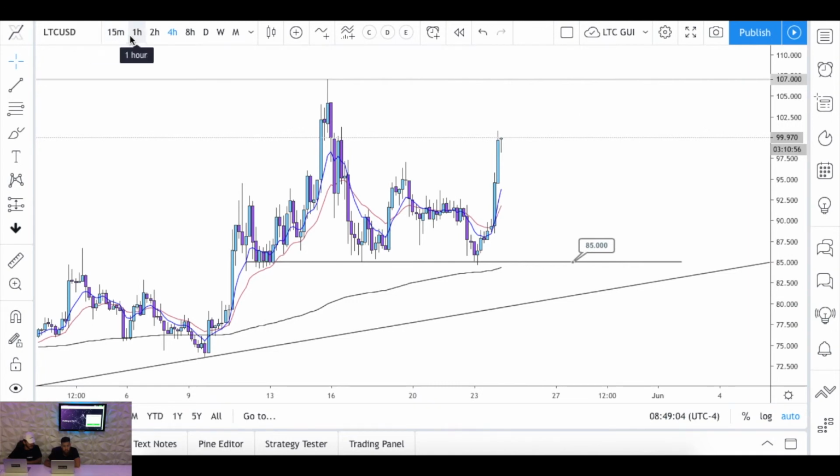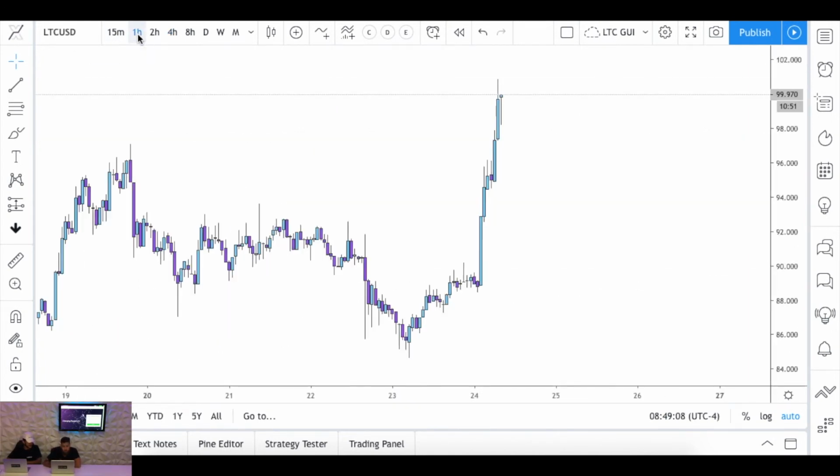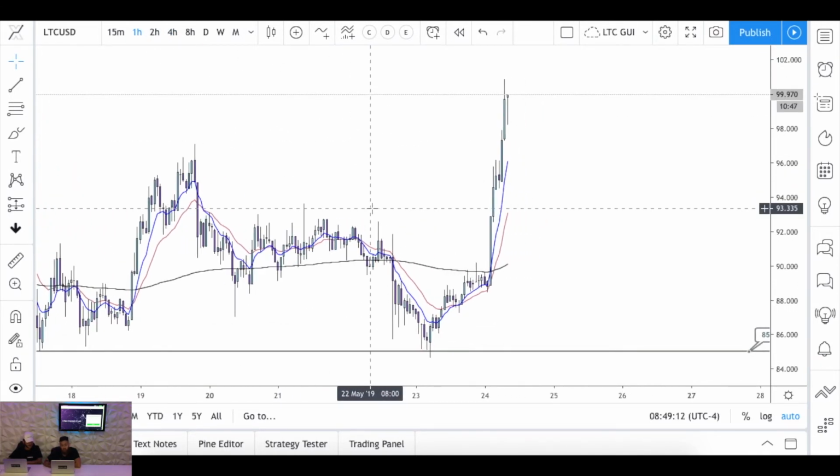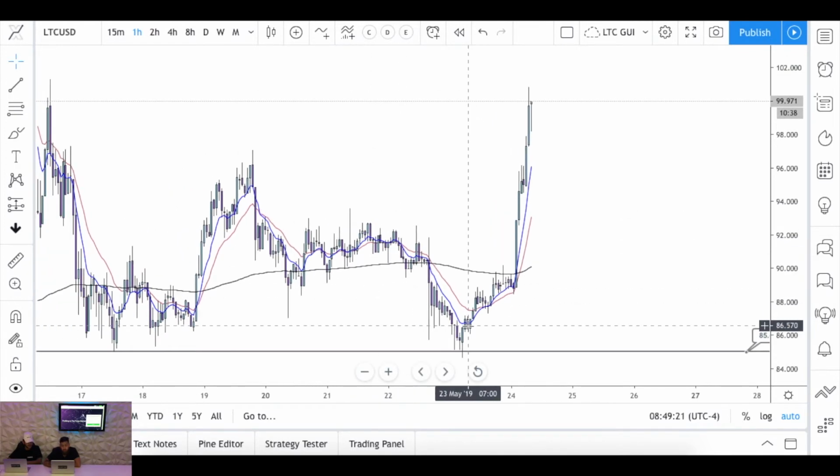Okay, but that's something I want to talk about too. If you want to catch sniper entries and you're not able to be in front of the computer all day, you can do buy and sell orders, based on the pair. You have to know the pair you're trading to be able to do that.